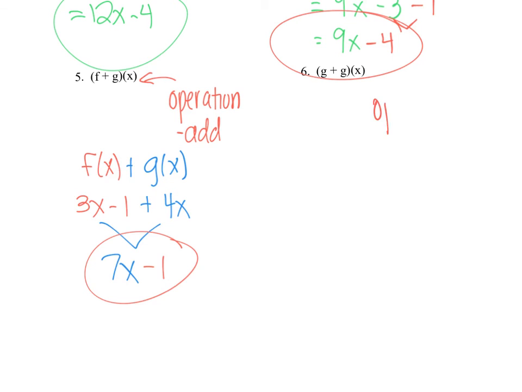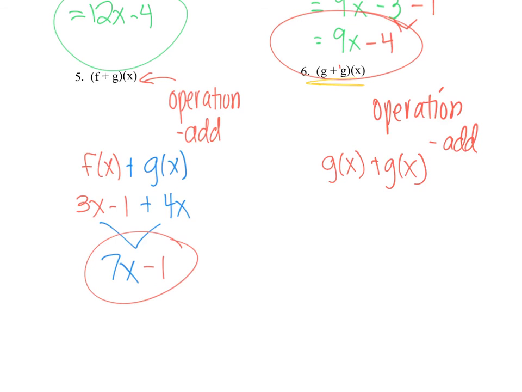Operation. What operation am I using? Good. Now, what's g of x plus g of x? So, what's g of x? 4x plus 4x. Good. And what's 4x plus 4x?